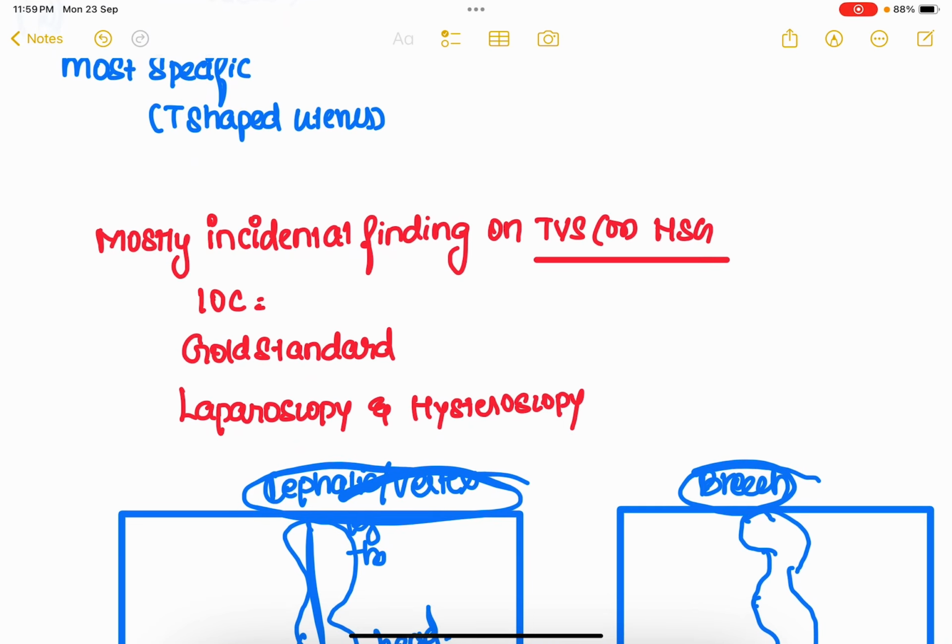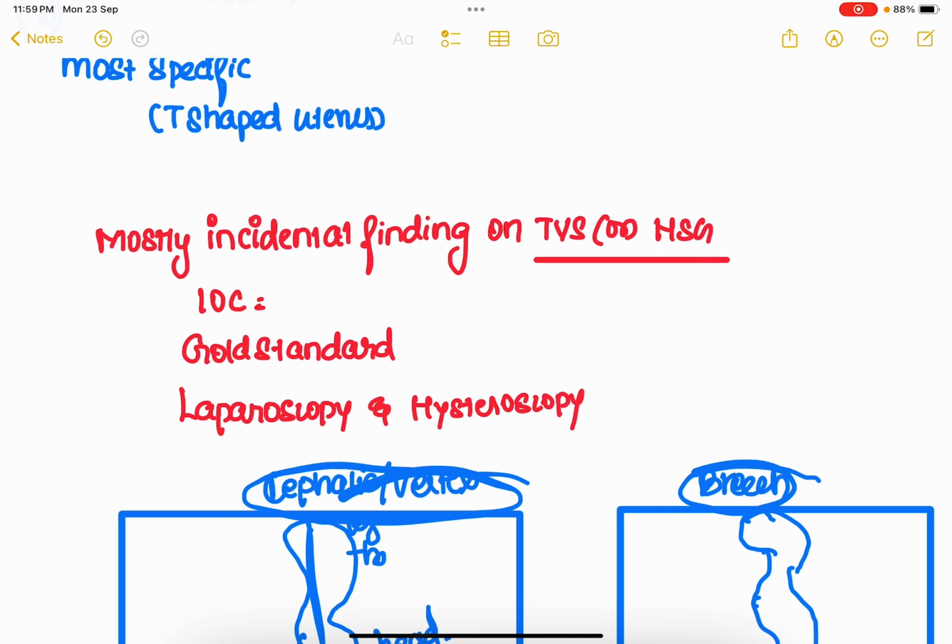Most commonly these Mullerian malformations are an incidental finding. What is an incidental finding? Let's say a female comes for some other complaint, and for that complaint you do an ultrasound of the pelvis, a transvaginal sonogram, or a hysterosalpingogram for testing tubal patency.